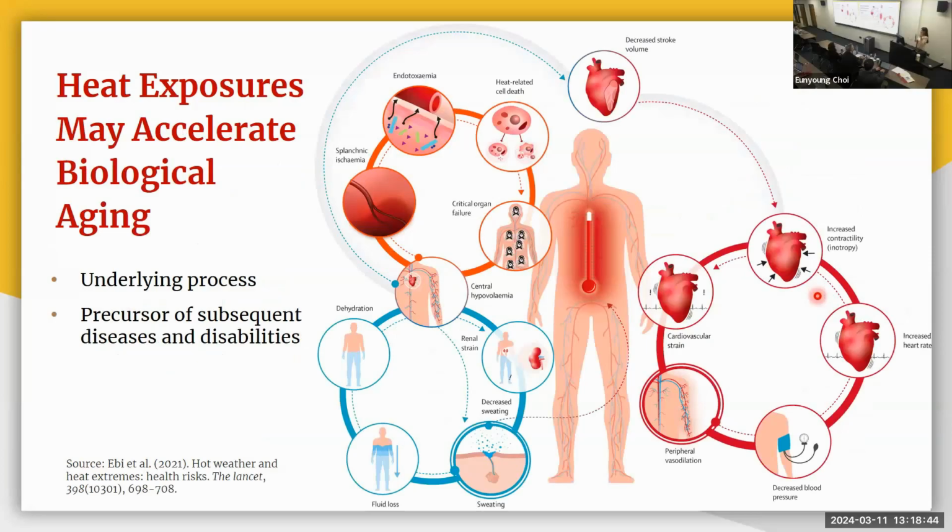While we have some great evidence on the association between heat exposure and clinical outcomes, we are still not really sure what's happening in our body at the biological level when we are exposed to heat. But understanding biological aging as an outcome is extremely important because it can inform the underlying biological processes linking heat and clinical outcomes, and it can also serve as a precursor of subsequent disease and disability.